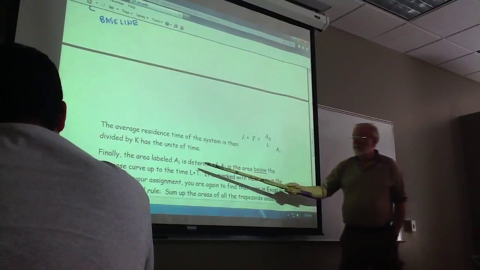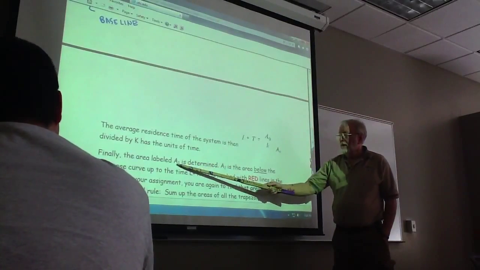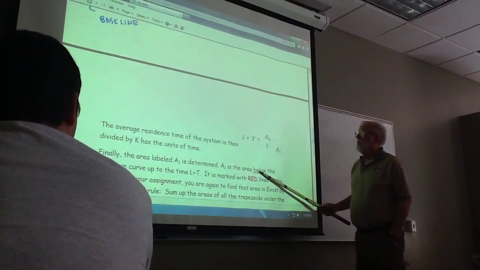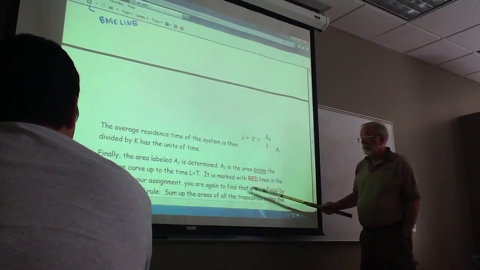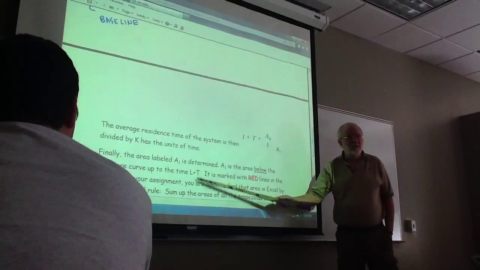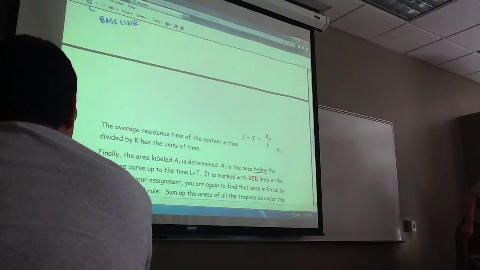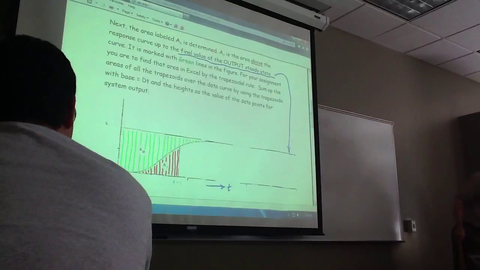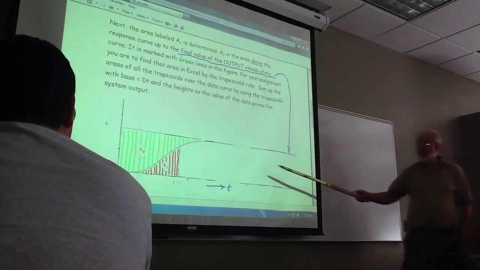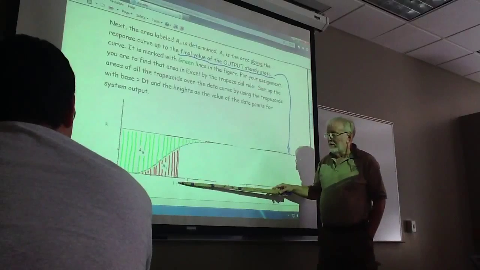Finally, the area A1 is the area below the response curve up to the time of L plus T. This area here. L plus T is what you've already determined.